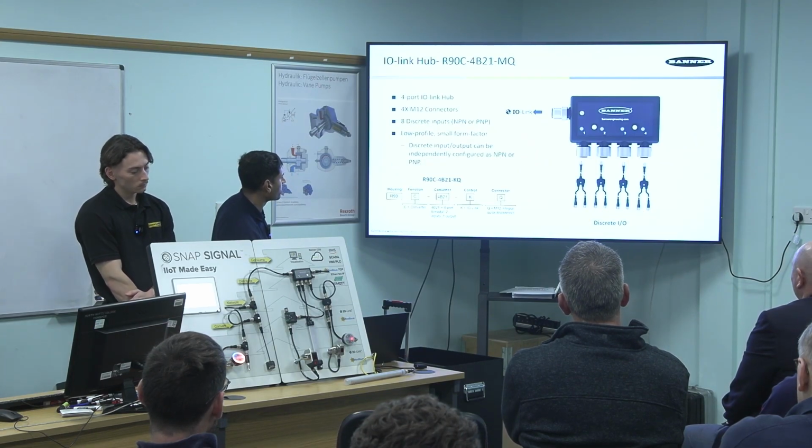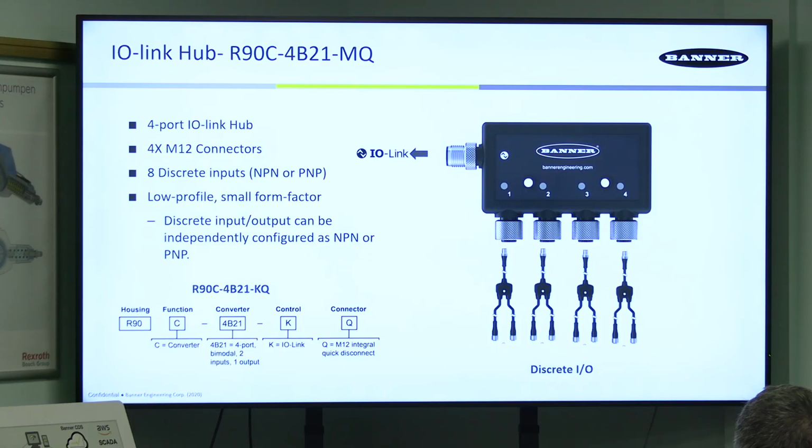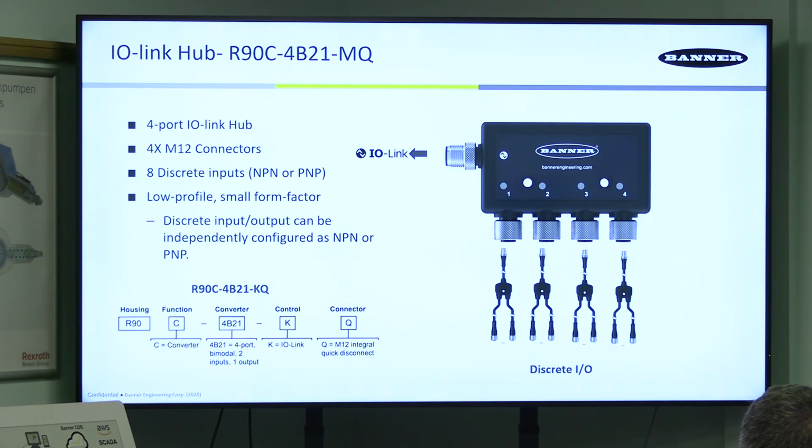This is just a breakup of the different options. We've got the 4-port hub on IO-Link. The form factor, like I said, is a nice small profile hub, and using our splitters, you can use an IO-Link hub as a discrete IO port. So out of each port, you've got your 2 signals, 4 and 2.